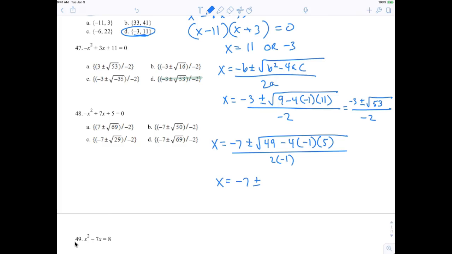Negative 7 plus or minus the square root. Somebody simplify that. What does that become? I think that's correct, all over negative 2. So the correct answer is what? I think it's D. Anybody have any problems so far?